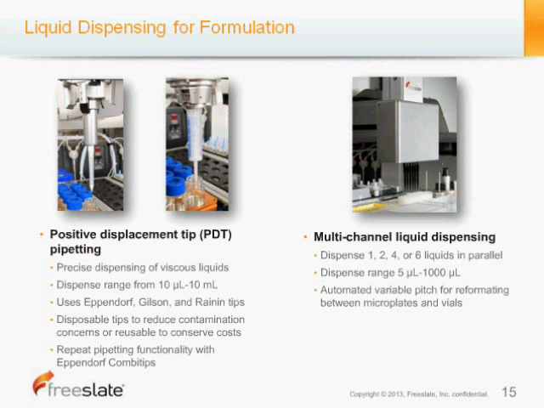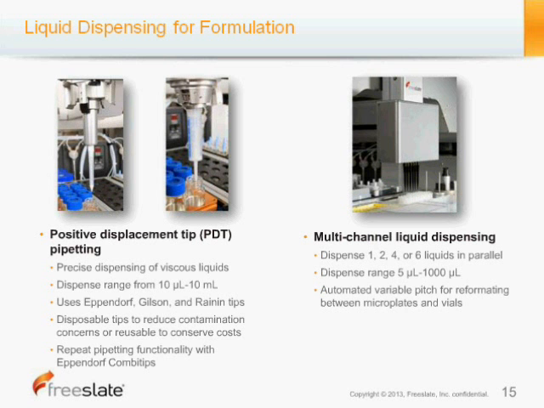As far as liquid dispensing, we have two different capabilities for formulation and also for sample preparation. We have positive displacement pipette tips, and we have multi-channel liquid dispensing. With the PDT, you can basically use Eppendorf, Gilson, Rainin tips, Tecan tips, whatever you'd like there.